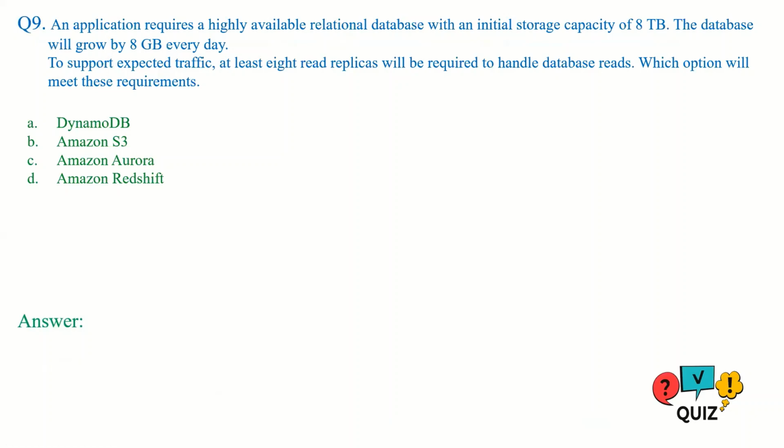So the next question is: an application requires a highly available relational database with an initial storage capacity of 8 terabytes. The database will grow by 8 GB every day. To support expected traffic, at least 8 read replicas will be required to handle database reads. Which option will meet these requirements?